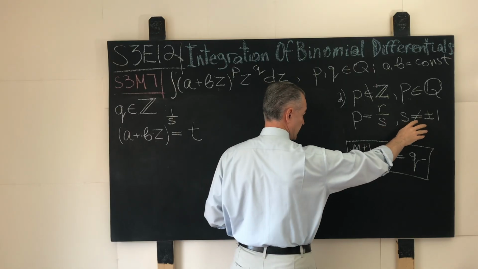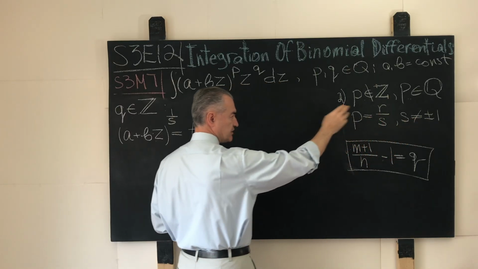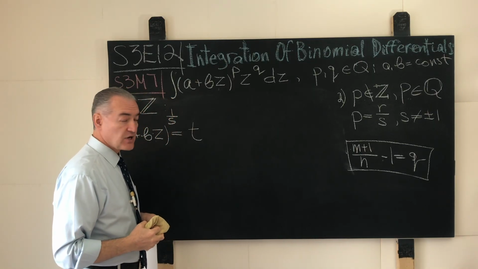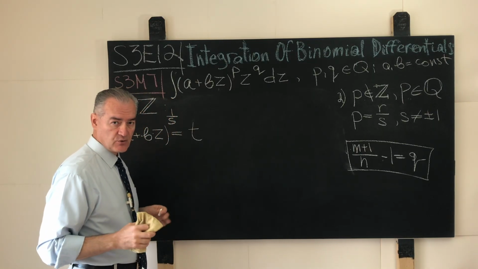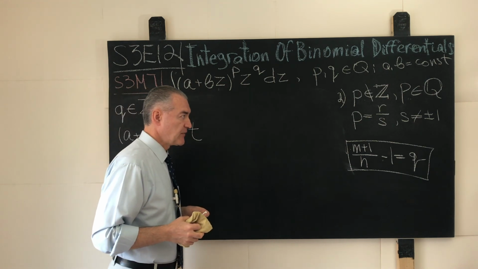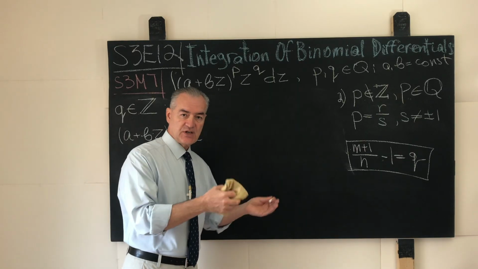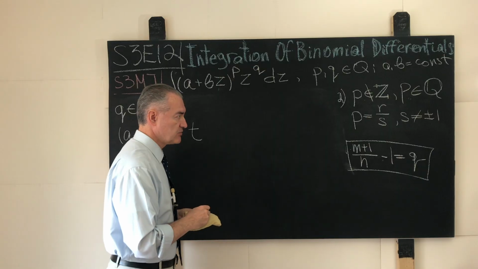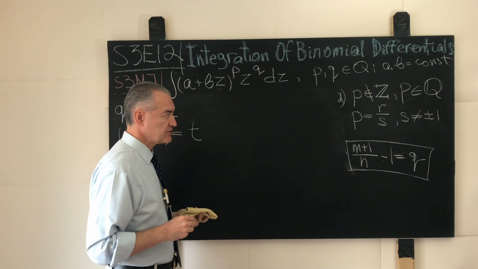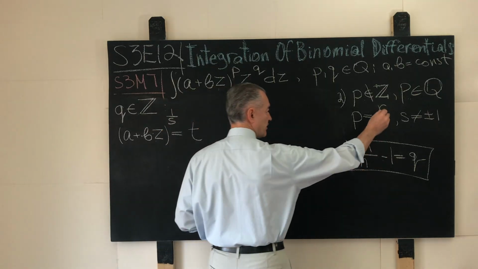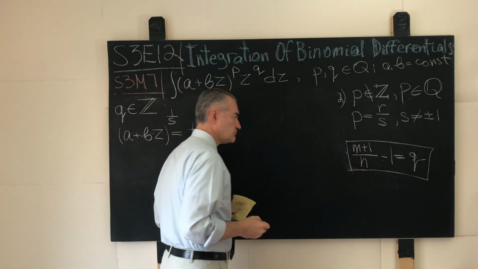S is definitely not plus or minus 1, because otherwise p stops being a genuine rational number, and we do not want to play all these clever games with equivalence classes, because for example, the number 3 belongs to the same equivalence class as 3 over 1. We do not want to mess with all this cleverness. We want a genuine rational number, and then this is what we have.